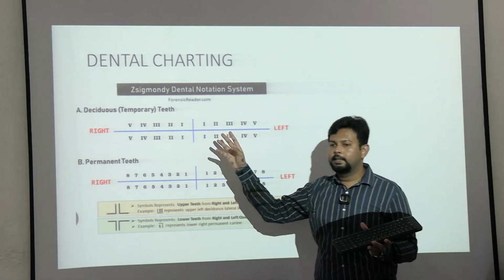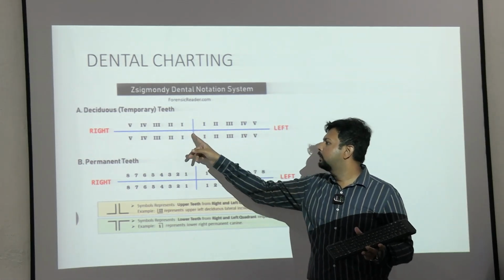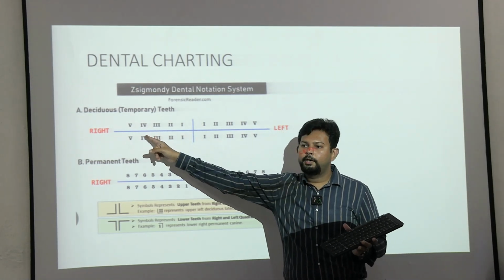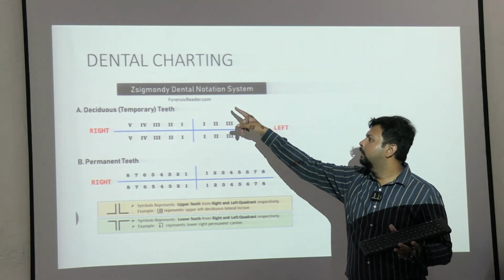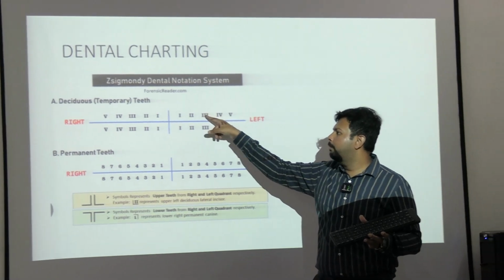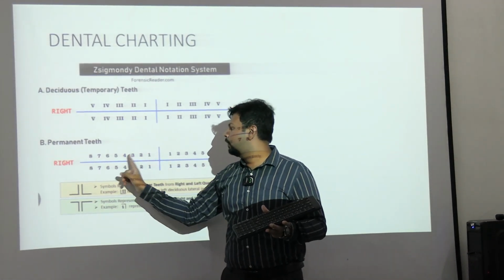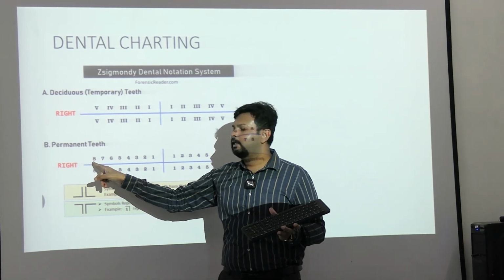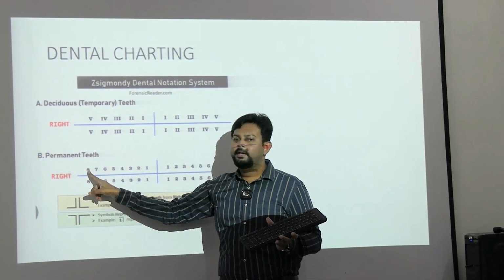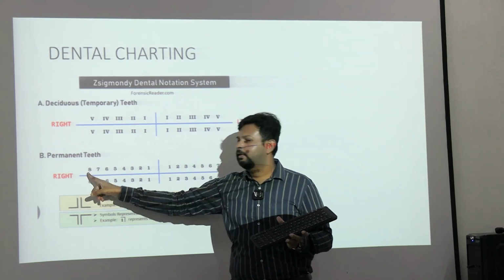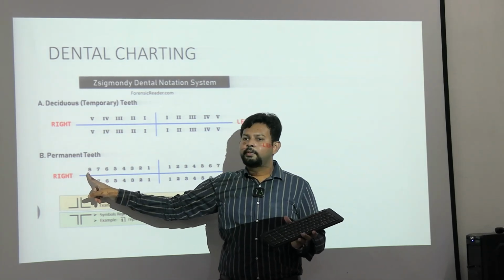For reading the teeth, here you see it is right and left, and they have used Roman numerals. This is for Zsigmondy. That is for temporary teeth, whereas for permanent they have used the numbers 1, 2, 3, 4, 5, 6, 7, 8. What teeth would 8 mean?